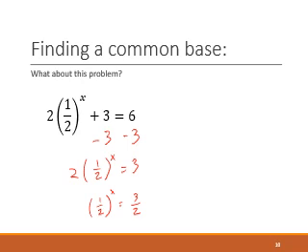How do I get a common base? Well, you can't. There is no way to get a common base in this problem. There's no way to take the right-hand side, 3/2, and make it 1/2 to some power. There's no way to take both of the bases and change them to some different number. This just can't be done. And that's the problem with this method, finding a common base.